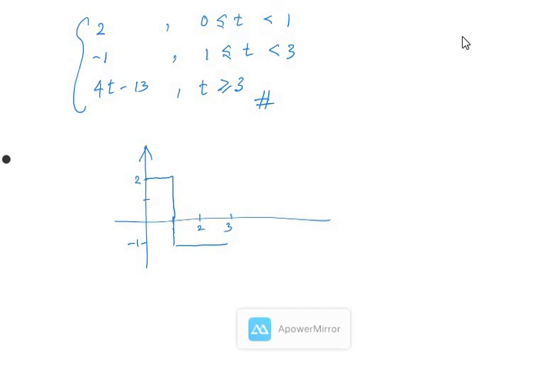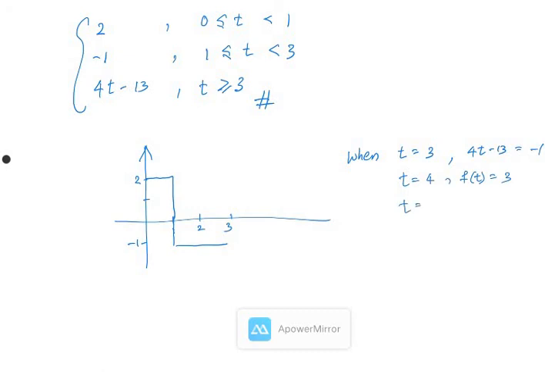So 4t minus 13, again, you can write down when t equal to 3, what is the value? So 4t minus 13. When t equal to 3, y is equal to negative 1, and t equal to 4, f(t) equal to 3.